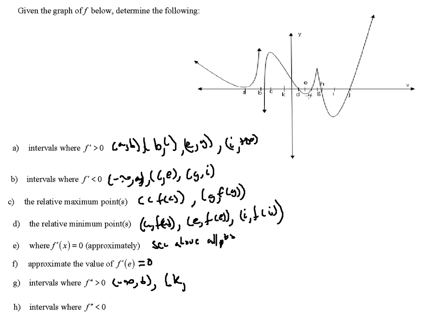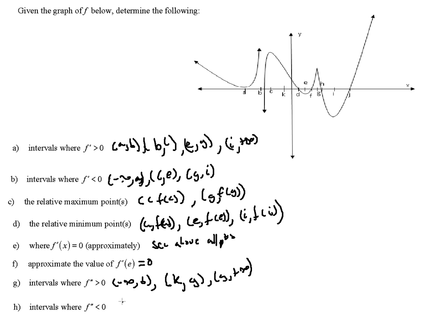I think it's closer to K than it is D, but I'm just going to say K. So it's concave up from K to G, and from G to positive infinity. And then intervals where f double prime is less than 0 means it's concave down.